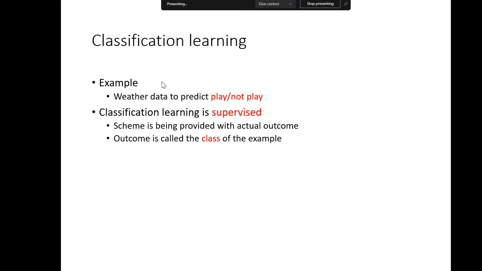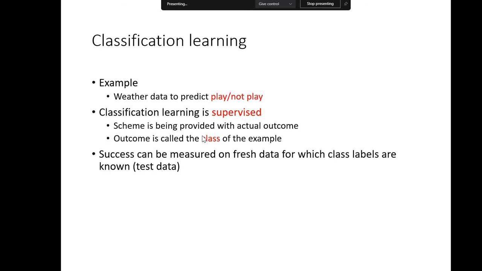We have to collect this information. Since this data is provided with the actual outcome, we call this a supervised learning problem. The outcome we normally call the class. So whether you are going to play that particular game or not, we call it a class.